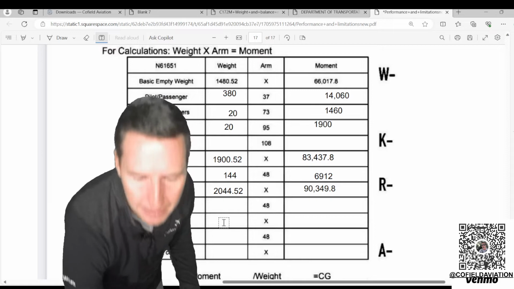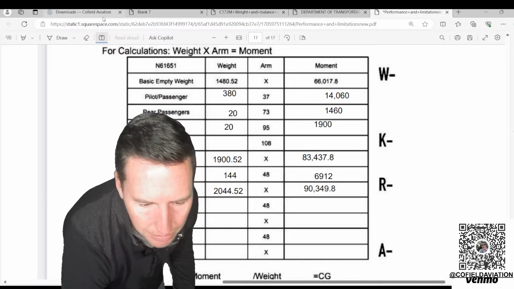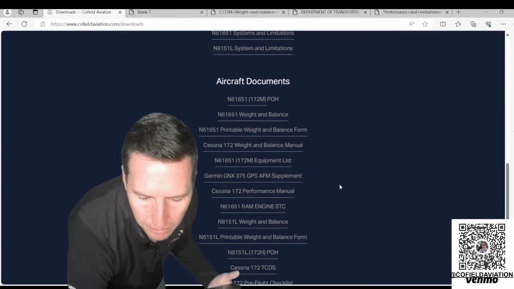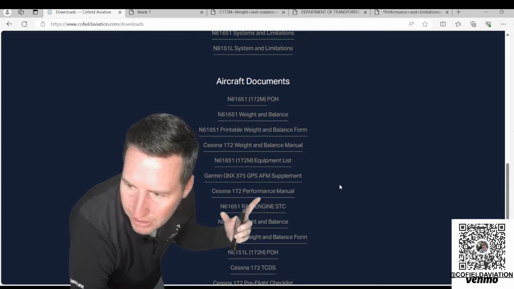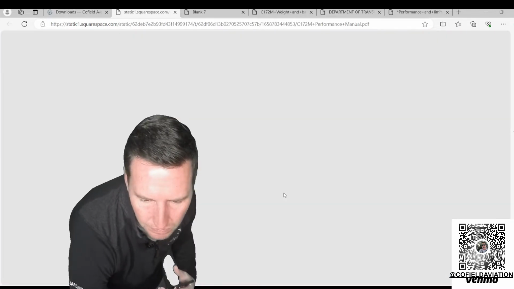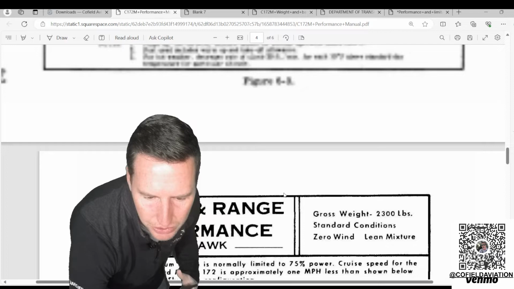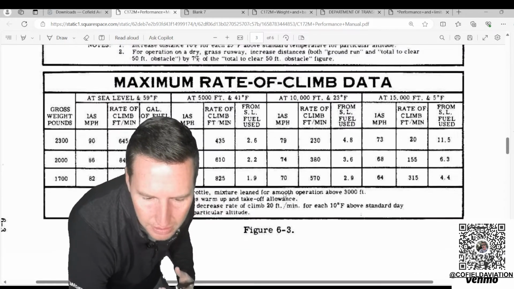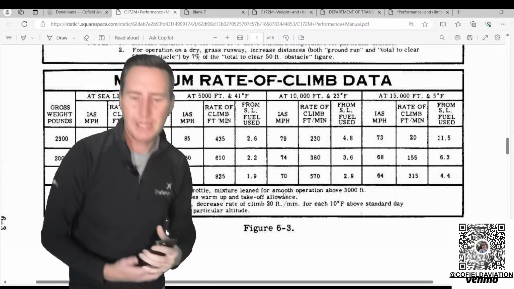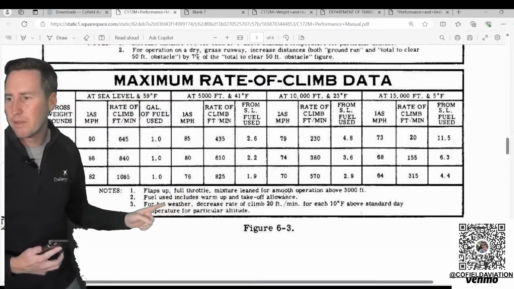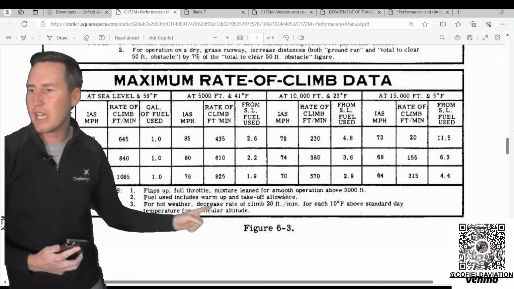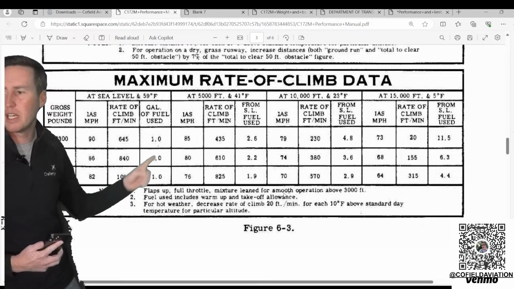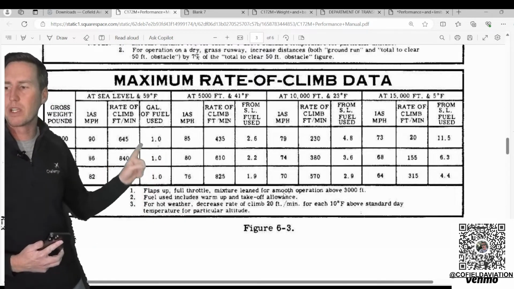Now, where do I get that? Let me show you. I'm going to go here to our performance manual, which is right here. And I'm going to show you if you see right here. Okay, so right here, fuel used includes warm-up and takeoff allowance. So if you see right here at sea level, 1 gallon is used.